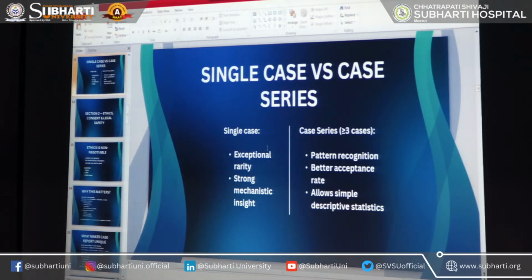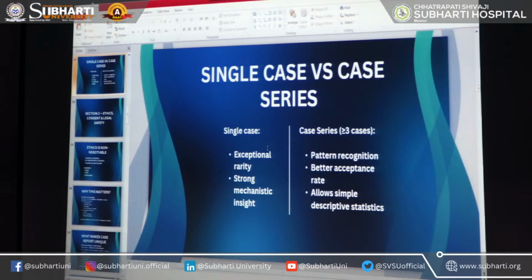Next, we have single case versus case series. Single case: exceptional rarity, and there is strong mechanistic insight. We are treating a patient and we made a rare diagnosis, and there are just 3-4 known reported cases in the world about it.